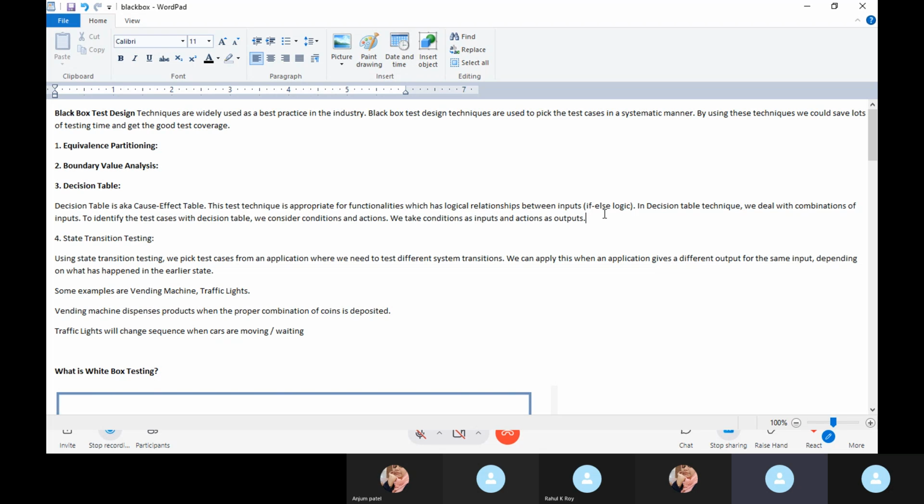One positive test case is that you enter username and password and you are able to log in. This is a positive scenario, one test case. But what about the negative scenario? What are the different combinations of username and password that you can enter to test the application?